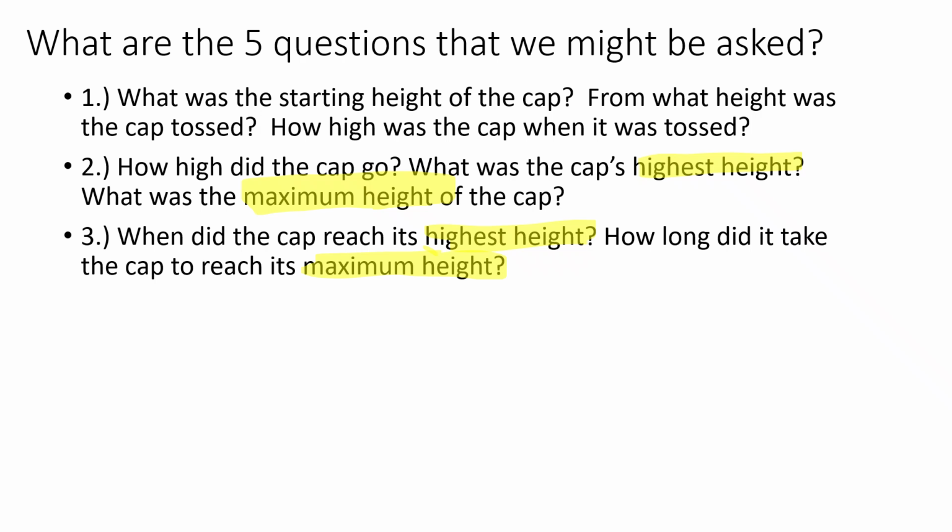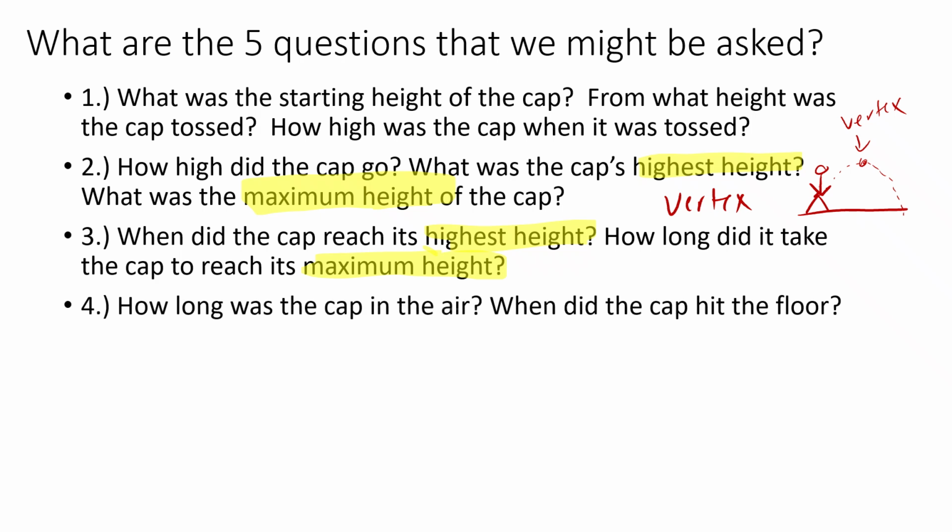When you see that vocabulary, that is a tip off that you're dealing with the vertex. So remember our little stick figure there. There goes the milk bottle cap, and we're talking about the highest height. That is going to end up being the vertex of the parabola. But notice that there are two different questions that you might be asked, both of which are going to require knowledge of the vertex.